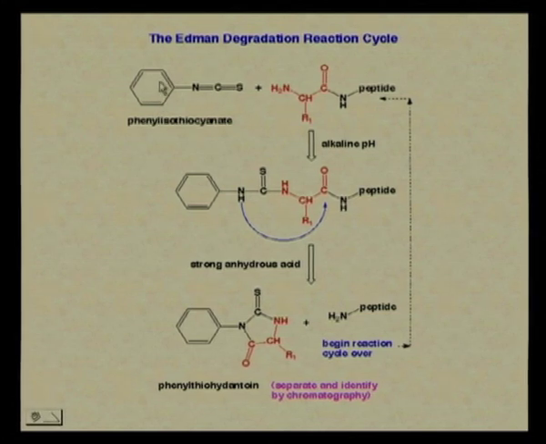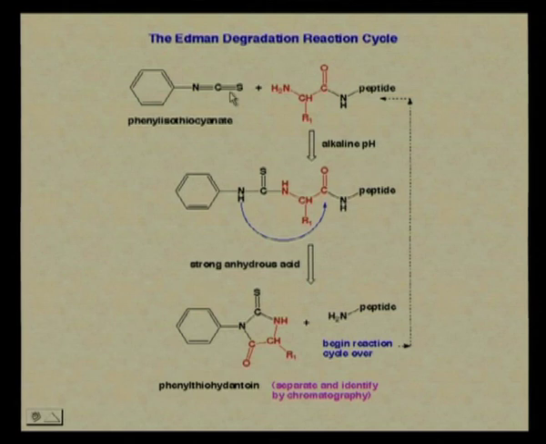We have a phenyl isothiocyanate. This is our peptide. What is this? This is the terminal amino group. We have our peptide here. If we have an alkaline pH, then this basically forms a link here. So, we have a phenyl thiohydantoin derivative.